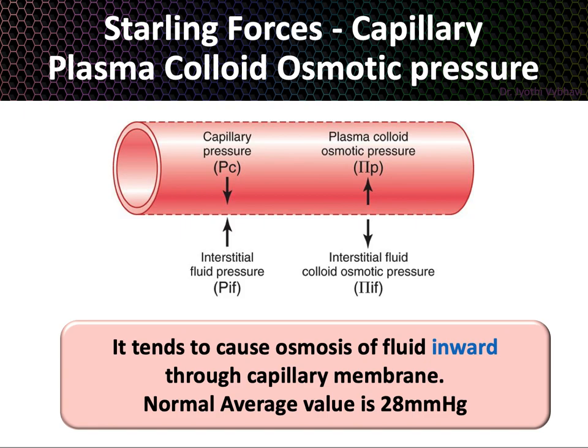There is osmosis; it draws the fluid towards the solute-containing compartment. Same thing here. Plasma proteins, due to the osmotic pressure, drag the fluid inwards towards themselves, holding the fluid present in the capillary. So it's basically an inward force. When they measured it, it was 28 millimeters of mercury.